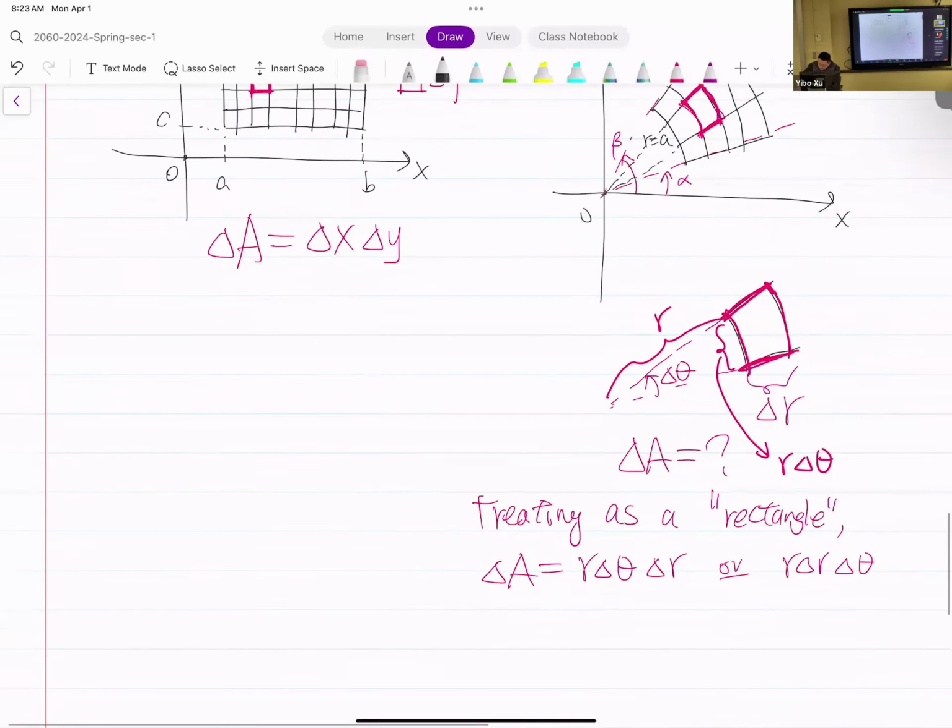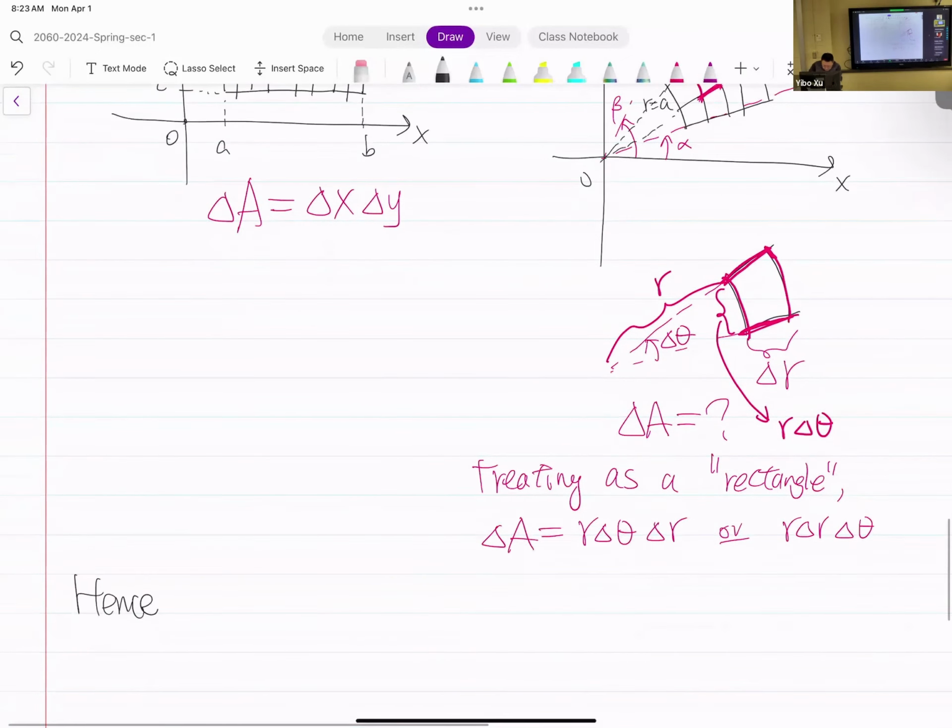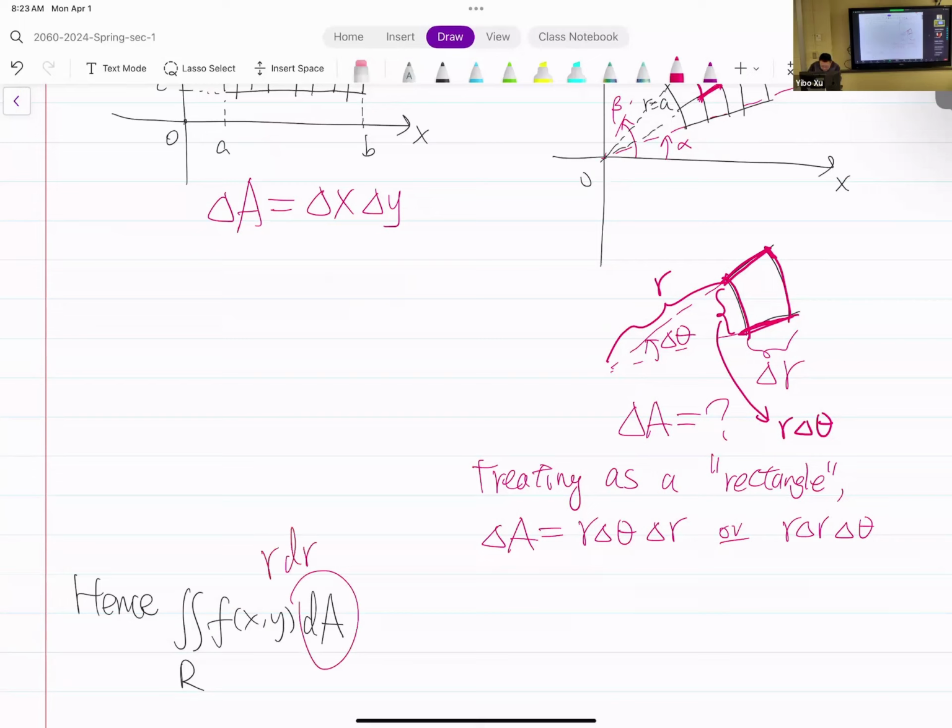So hence, we can put things down. When we talk about the double integral over the region R, a polar rectangle, we know that dA is exactly r dr d theta.